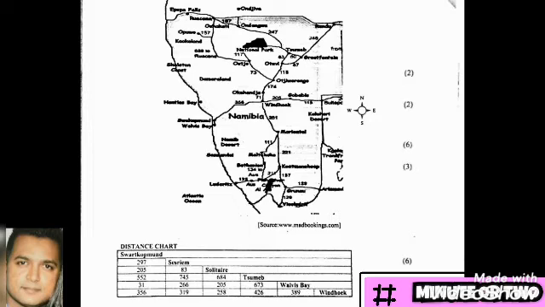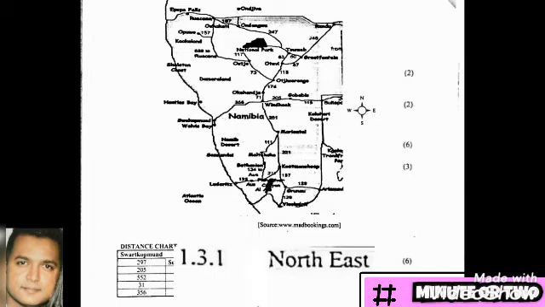Looking at our map, you will notice that the Kalahari Desert is towards the northeast, because it is towards the right hand side of your Vloesdrift. Therefore, looking at the directions, it's above, which is north, and it's towards the right hand side, which is east, and therefore our answer will be northeast.